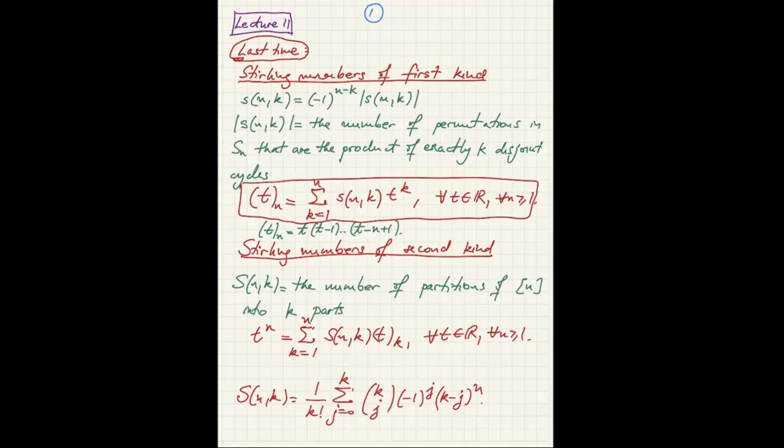We then defined Stirling numbers of the second kind, and these Stirling numbers also have two parameters, n and k. Capital S(n,k) is defined as the number of partitions of a set with n elements into k parts, and here we assume that the parts are always non-empty.